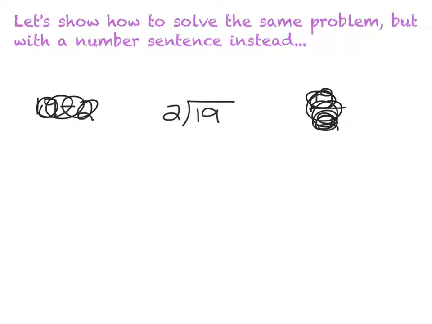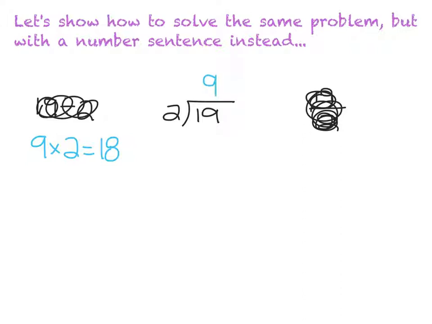Well, we know that we made 9 groups of 2 socks, which is the same as 9 times 2, which equals 18. So, how many times can 2 go into 19 evenly without going over? Correct.